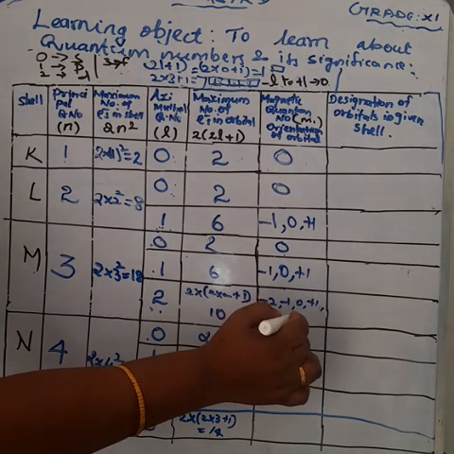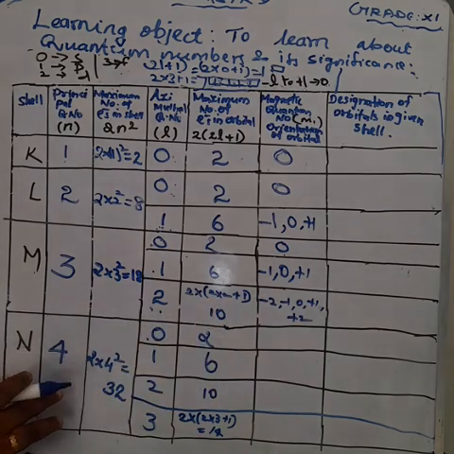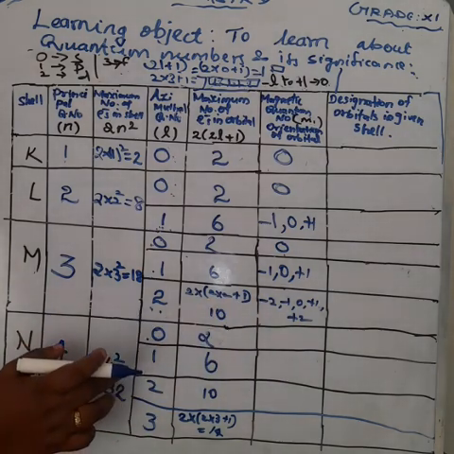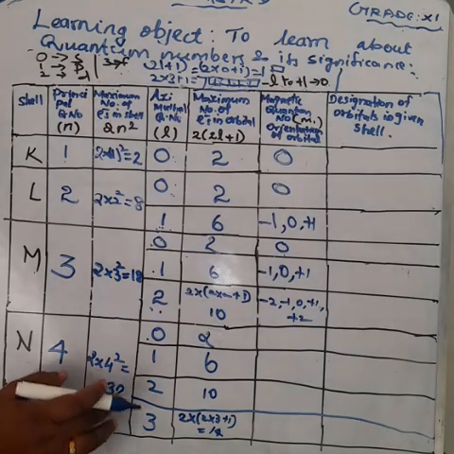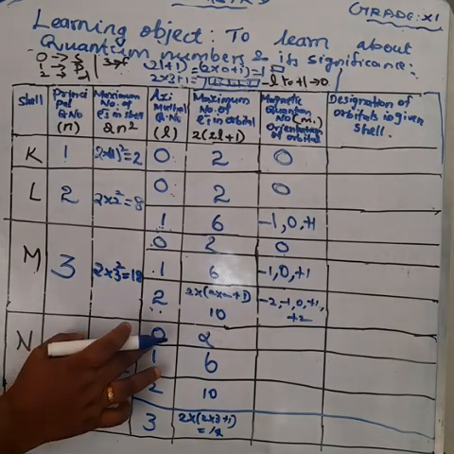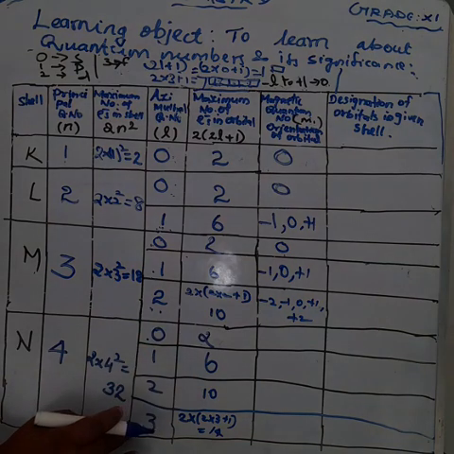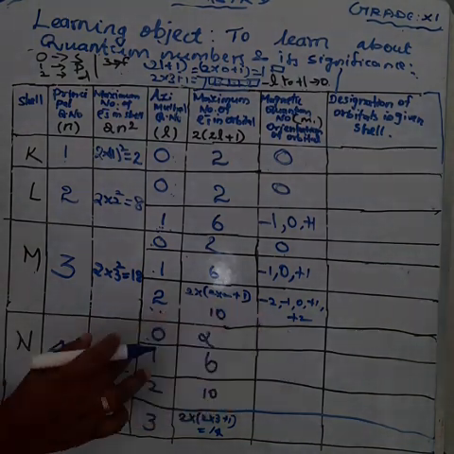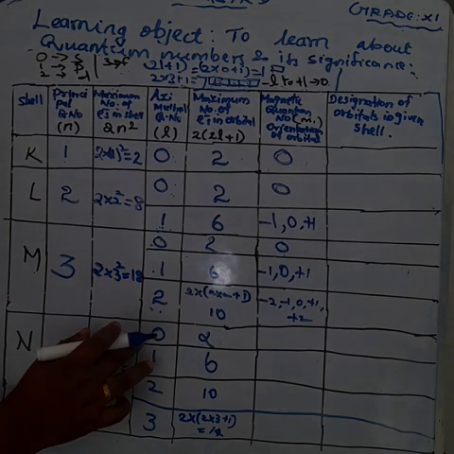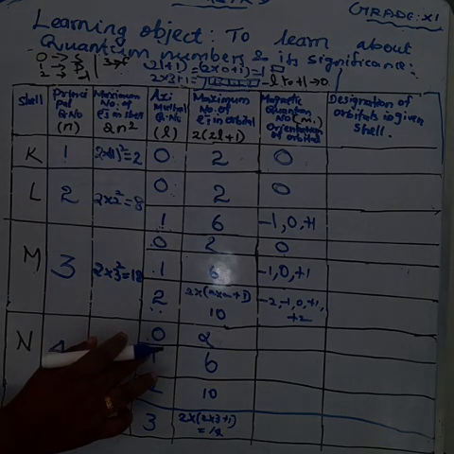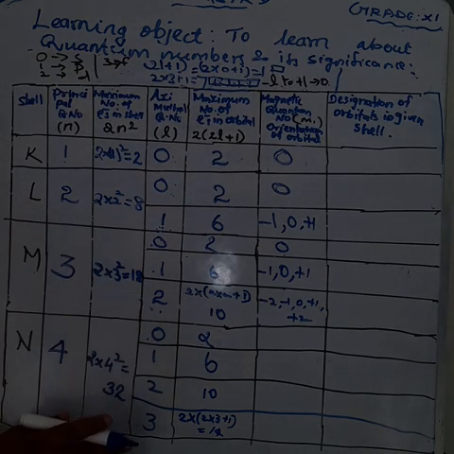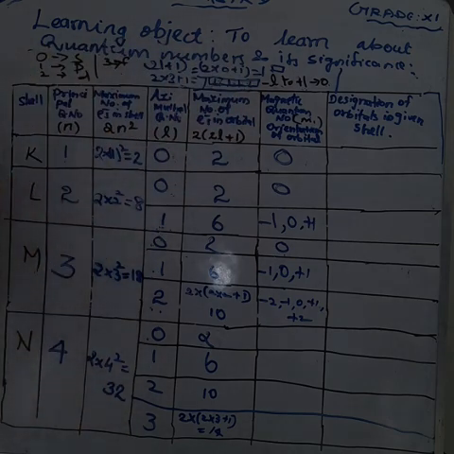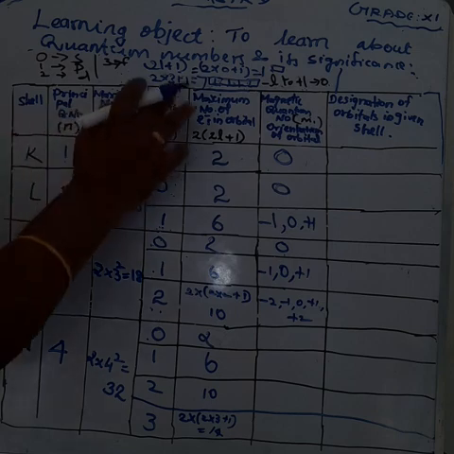And the fourth shell, the N shell, has 4 subshells: s orbital, p orbital, d orbital and f orbital. The s has only one orbital, p has 3 orbitals, d has 5 orbitals and f has 7 orbitals.